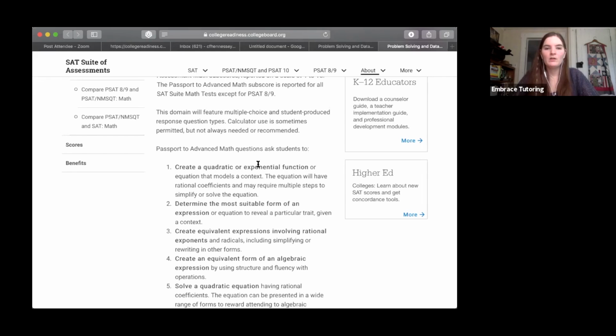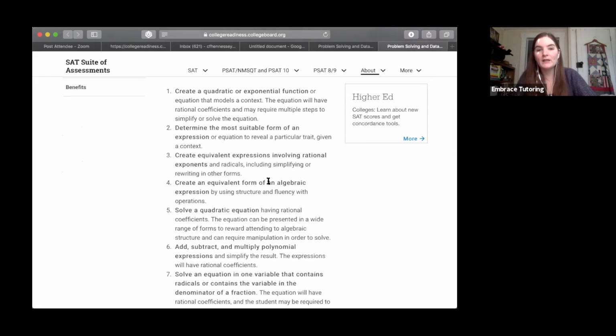So it's not like the data response where you're typically allowed to use a calculator to help you solve things, but this is going to be questions that are focused more on creating a quadratic or exponential function, or equation that models a given context.